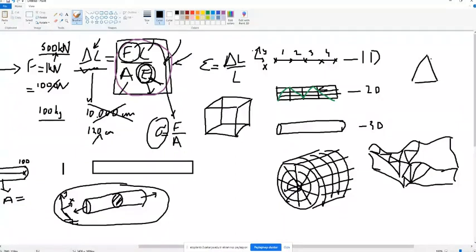So you will get a pyramid or four-faced. 1, 2, 3, 4. This is the four-faced element.